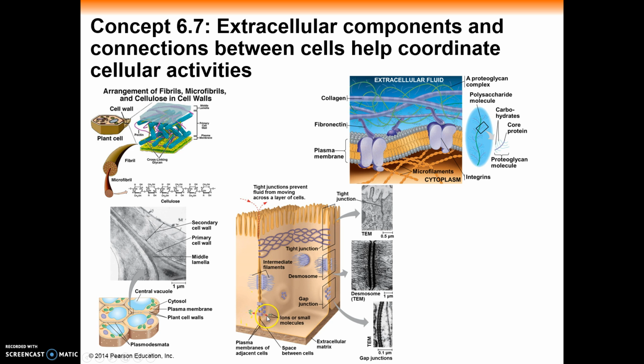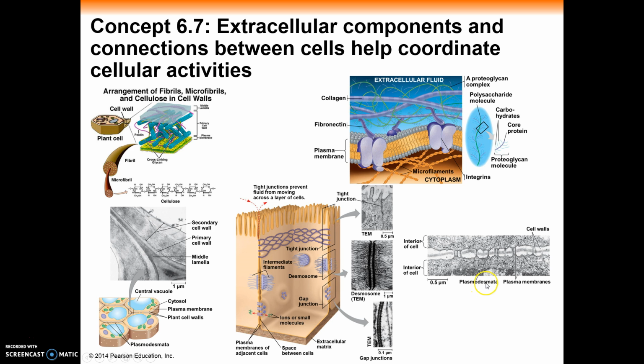And then we have these gap junctions, which can allow small ions to go through. An even larger version of these gap junctions is found in plants, and they're called plasmodesmata, and are actually continuous membrane bridges or tunnels that can pass from one cell to another.